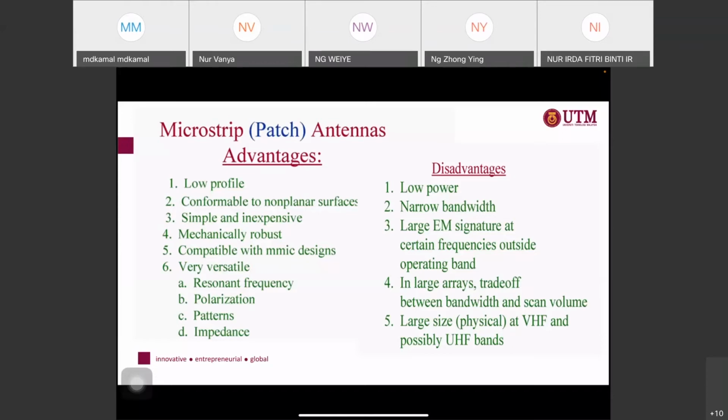Disadvantages, of course, are low power, because it cannot handle high power like a microwave waveguide, and narrow bandwidth.